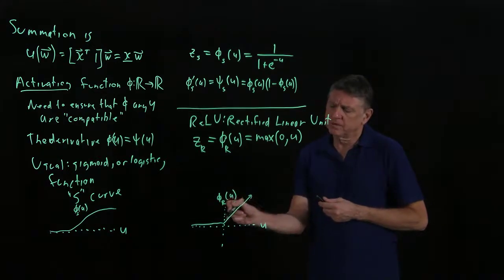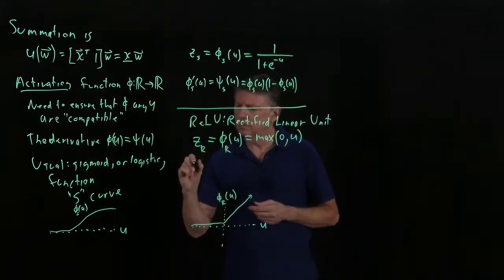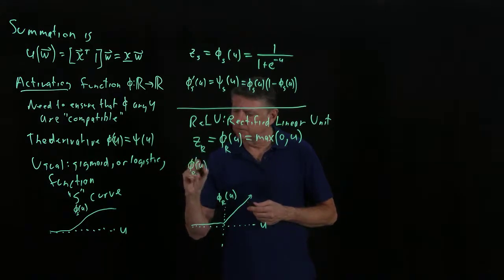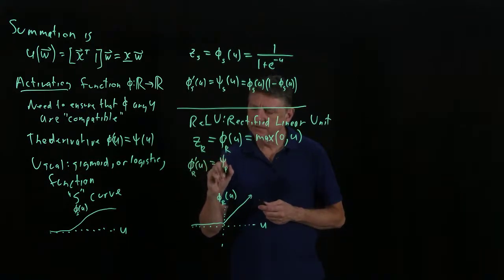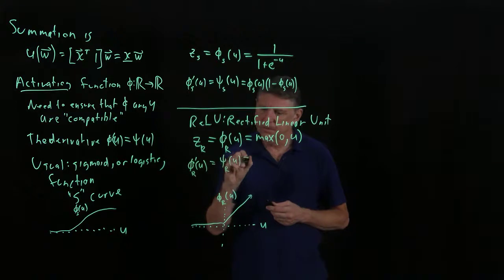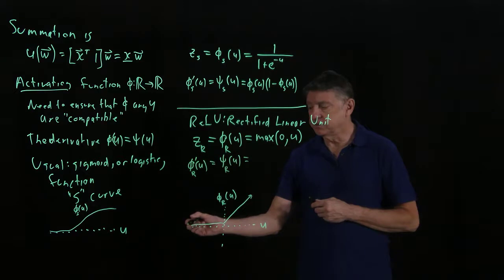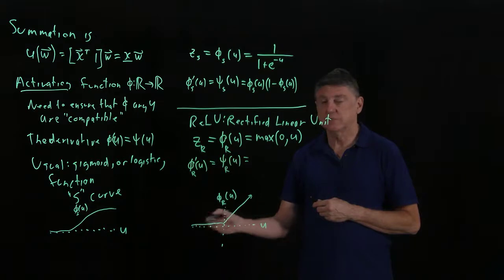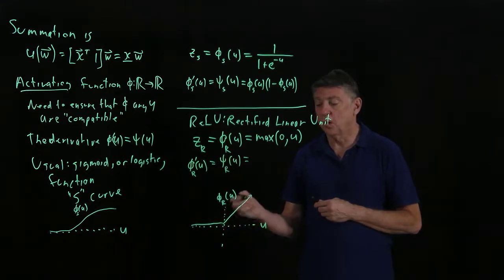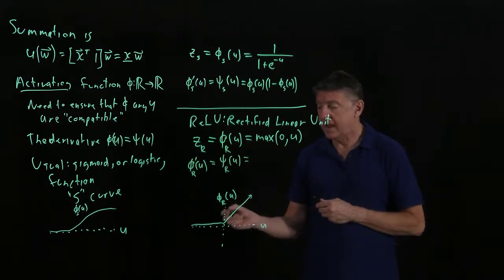Now, what's the derivative of that? We'll write the derivative of the ReLU as the psi function for the ReLU, and we can look at this graphically. It is 0, perfectly flat, if u is less than 0, and it's 1, the derivative of u with respect to u, otherwise.